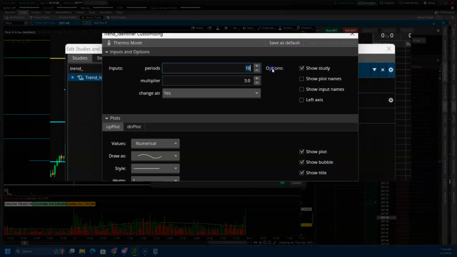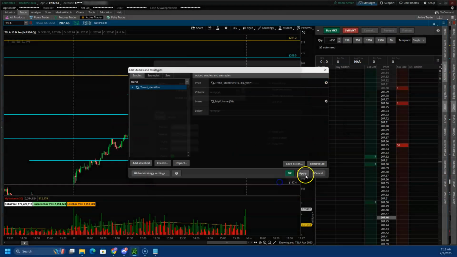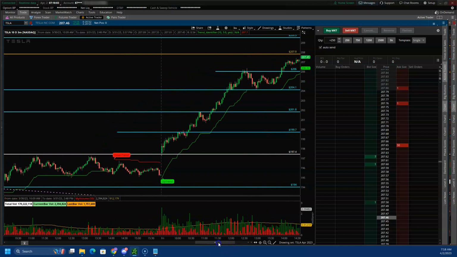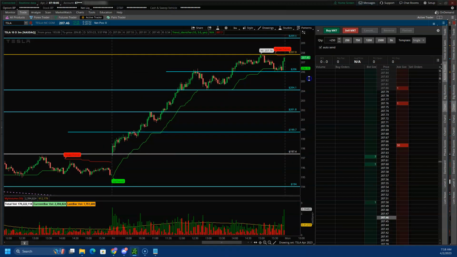Okay, and you can see it has different parameters. So the main one is the period, right? So 10 means that it is looking back 10 candles to come up with the trend for that particular moment in time, right? You can adjust that as per your liking.